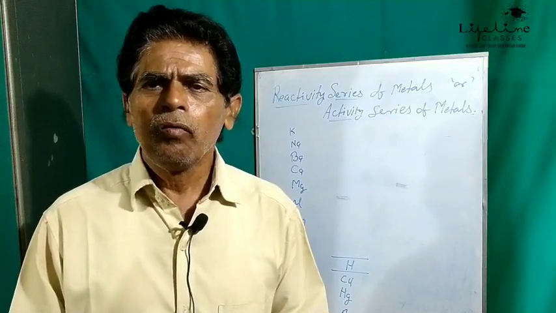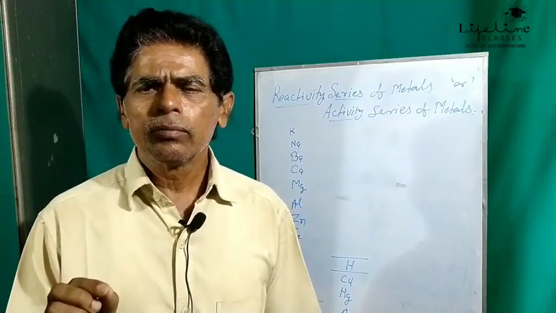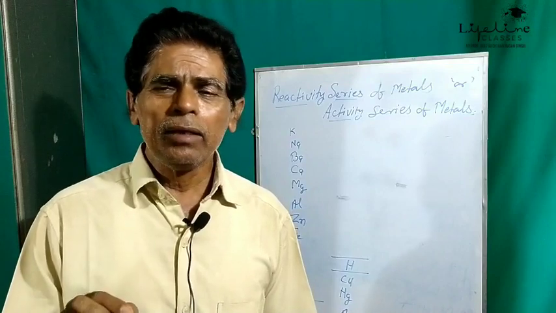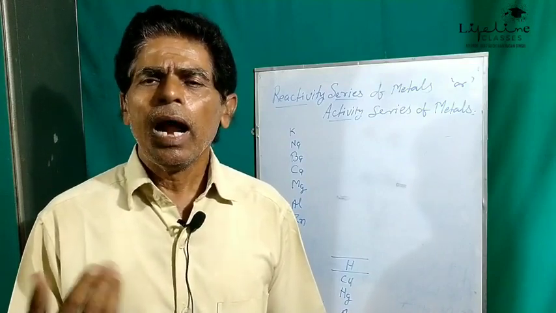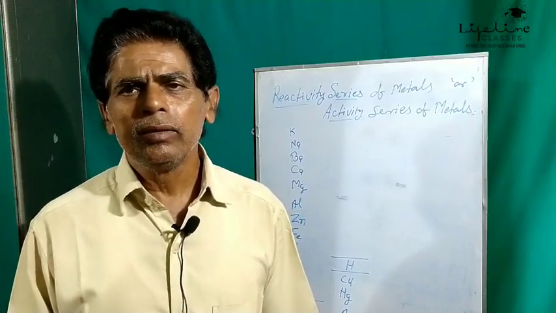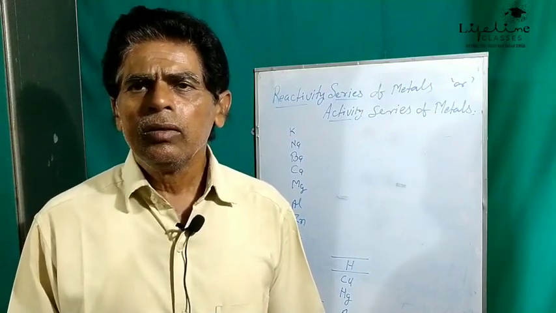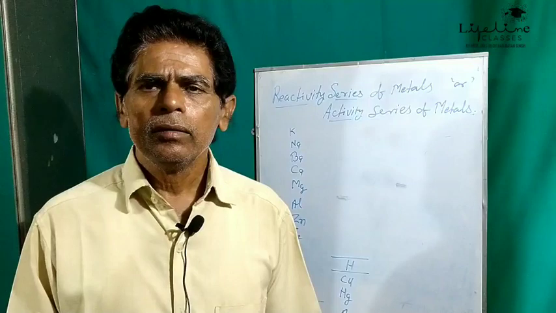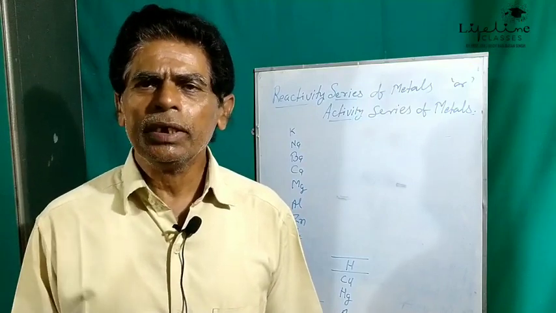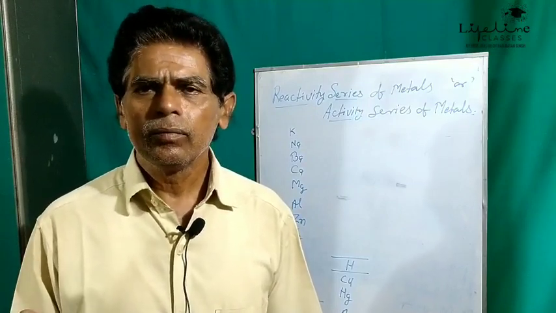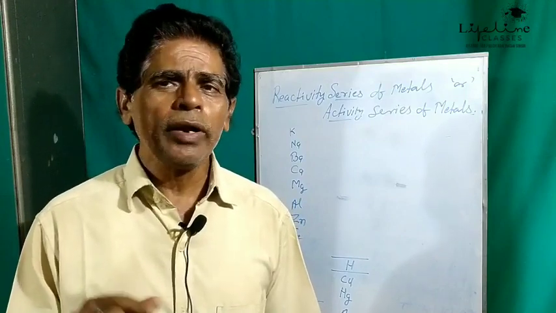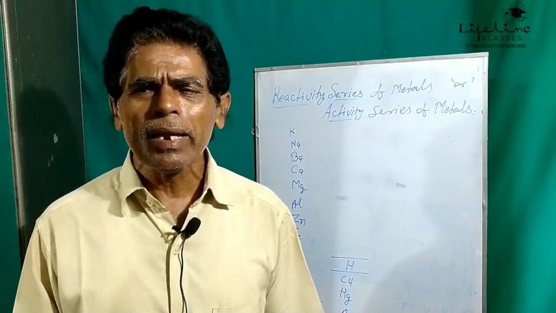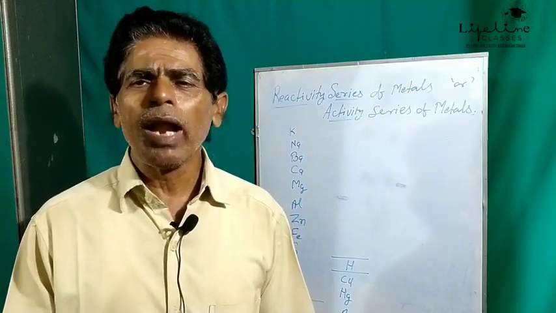That is why when zinc granules are added to dilute hydrochloric acid, hydrogen gas is liberated, forming zinc chloride, the chloride of zinc, a salt. In the same way, when aluminum is treated with dilute hydrochloric acid, what happens? Aluminum chloride will be formed.